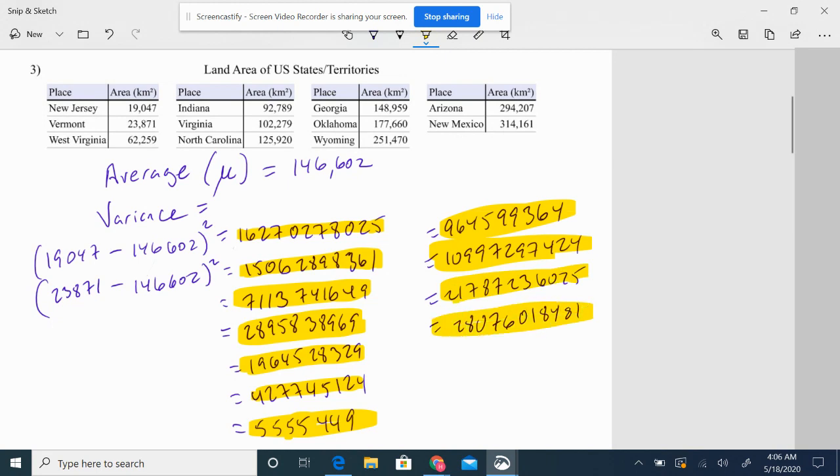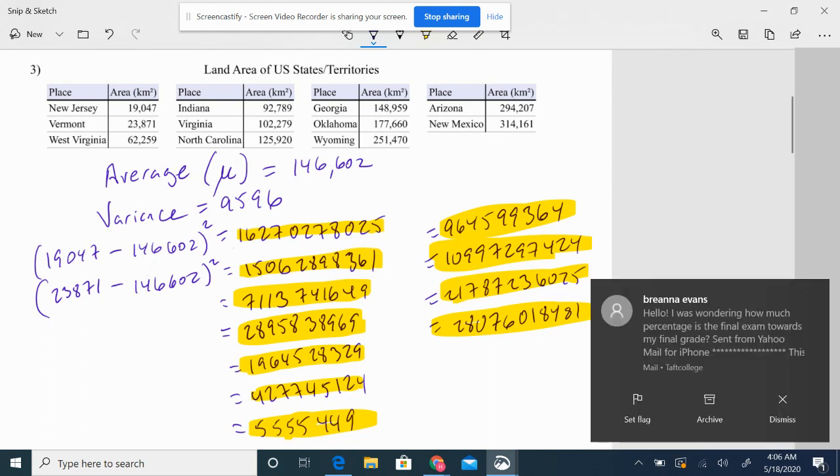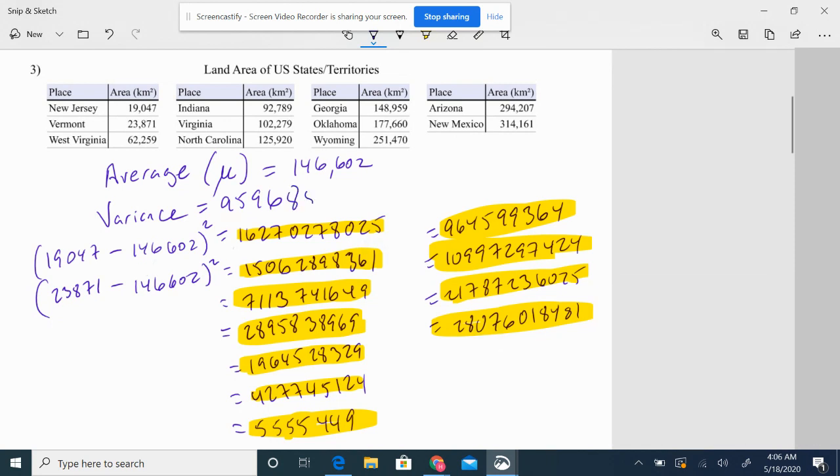That's how I figure out the average of this. And it gives me 95, 96, 88, 5200. That's my variance.